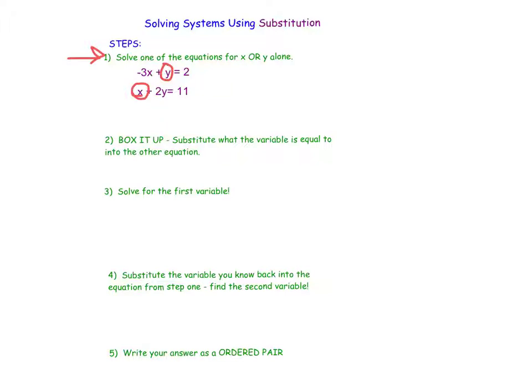For this particular problem, I'm going to commit to the y. So we're going to get that y value that I have circled by itself, and we do so by adding 3x to each side. Essentially I've taken that first equation and rewritten it as y equals 2 plus 3x.